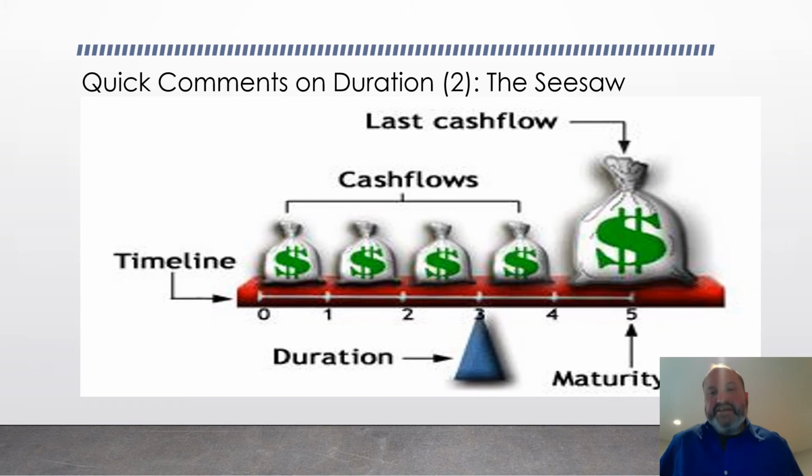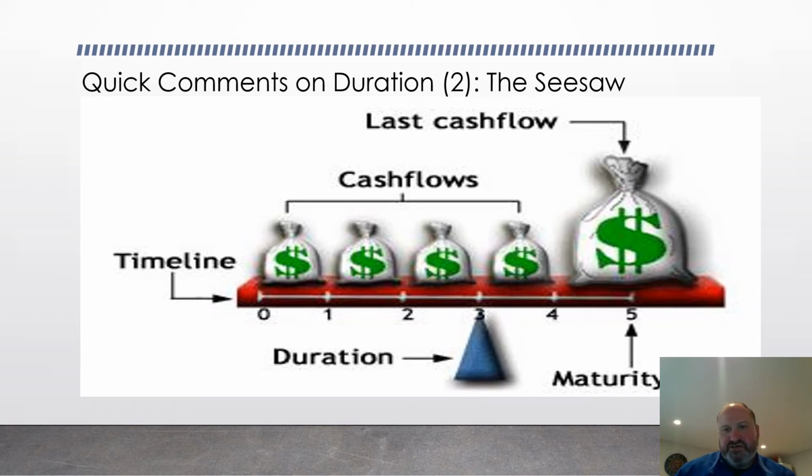Now, if the coupon payments were bigger, if those 4 small bags were bigger relative to the big bag at the end, that would tend to pull our duration to the left. It would make our duration shorter, as you can see.